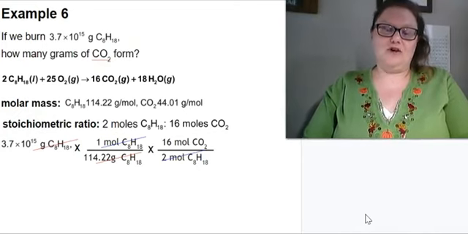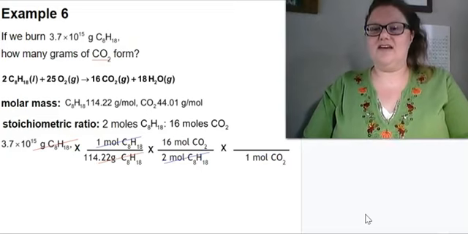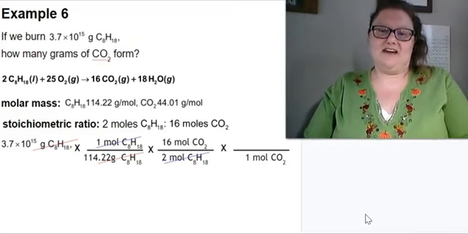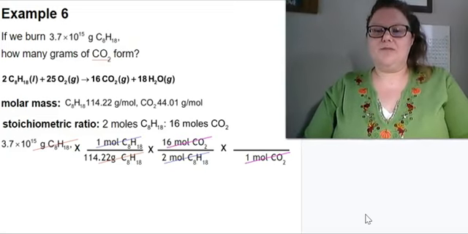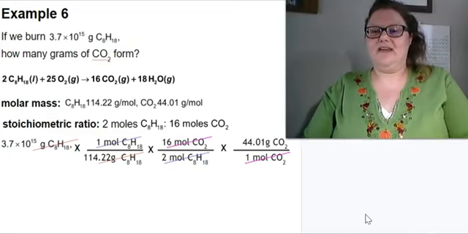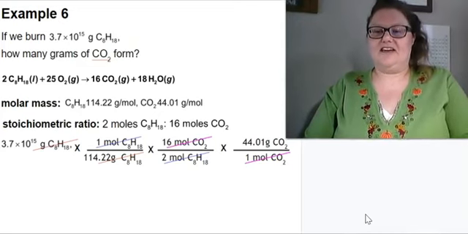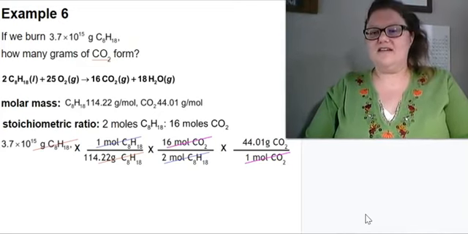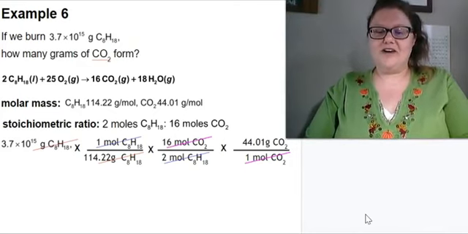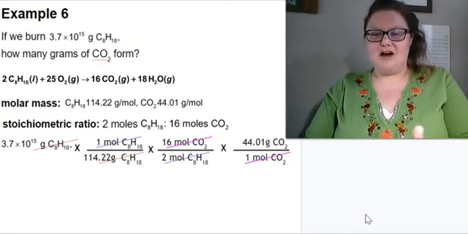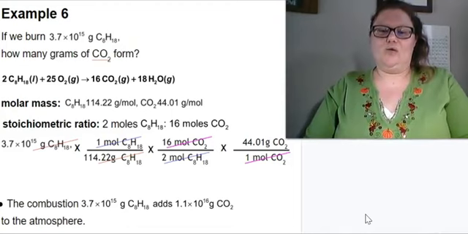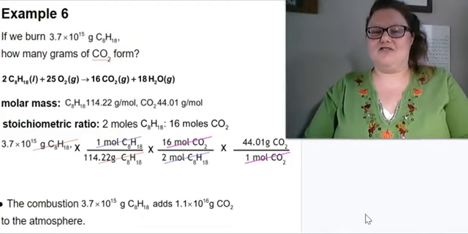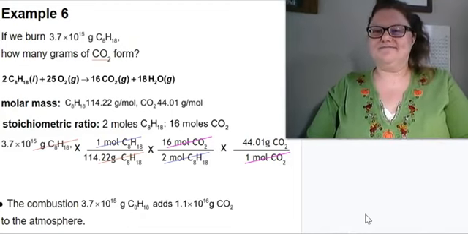We've got to change moles of carbon dioxide into grams, and that's using the molar mass of carbon dioxide. 1 mole of carbon dioxide on the bottom, so it cancels, and then we have the molar mass, calculated as 44.01 grams carbon dioxide. Now we can do the math. Multiply all the numerators, multiply all the denominators, do that division, and you're going to get 1.1 times 10 to the 16 grams of CO2.